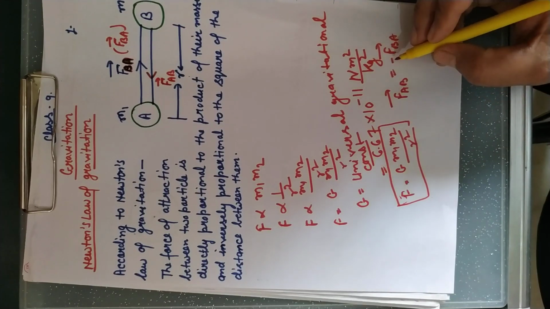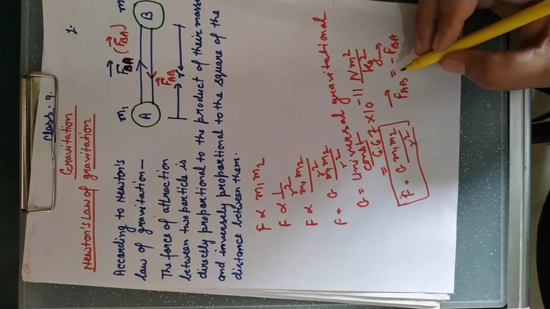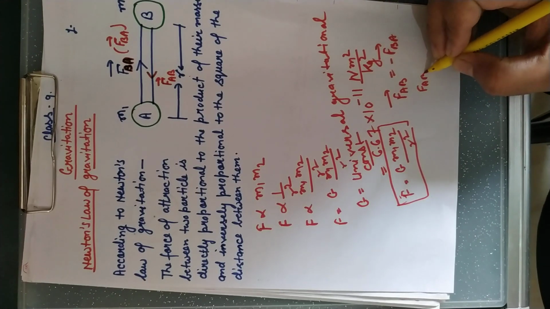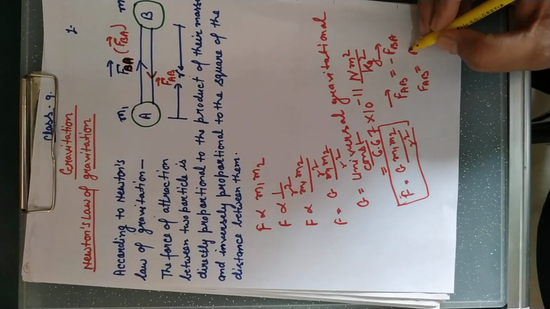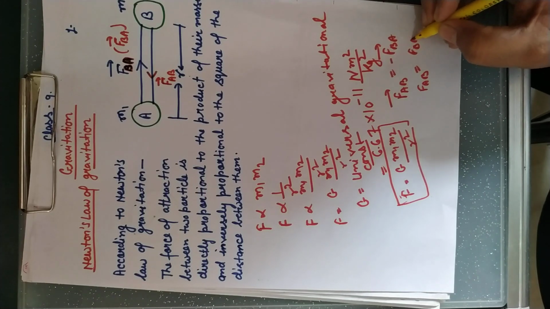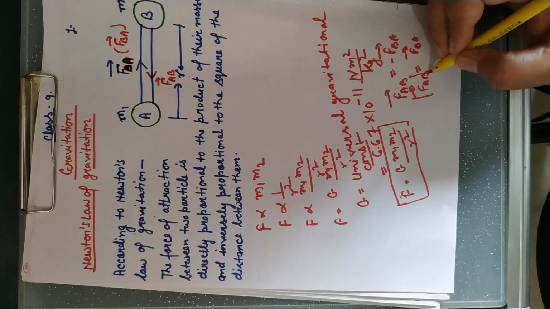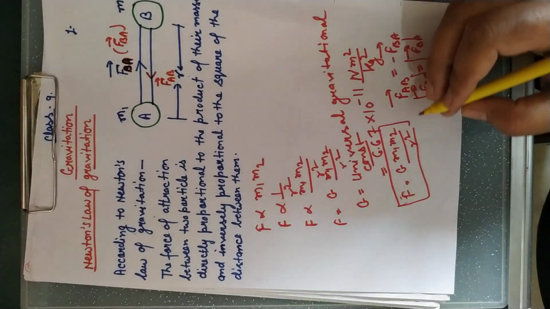Why have we applied the negative sign? Because the direction is opposite, because force is a vector quantity. But in magnitude, FAB equals FBA. We have taken the mod of the force, so both are equal.